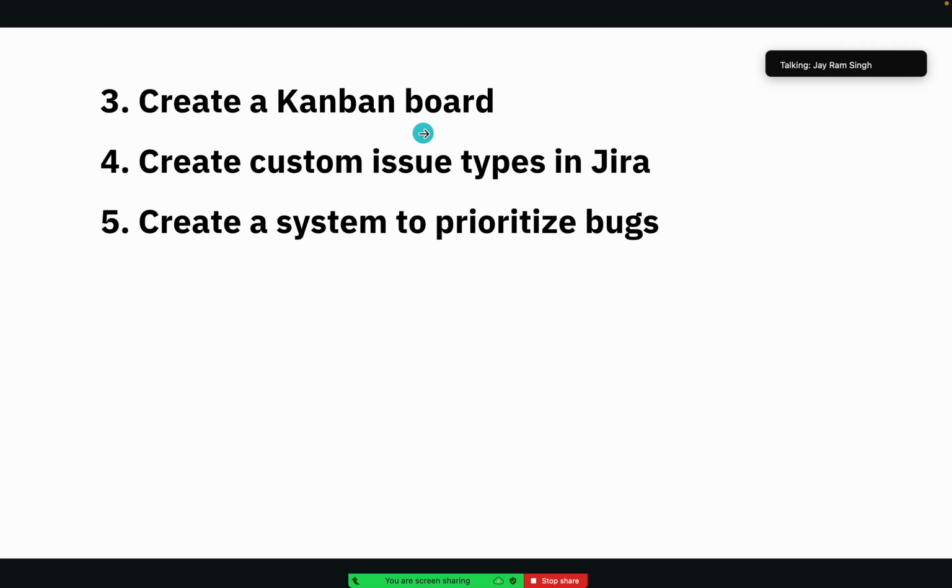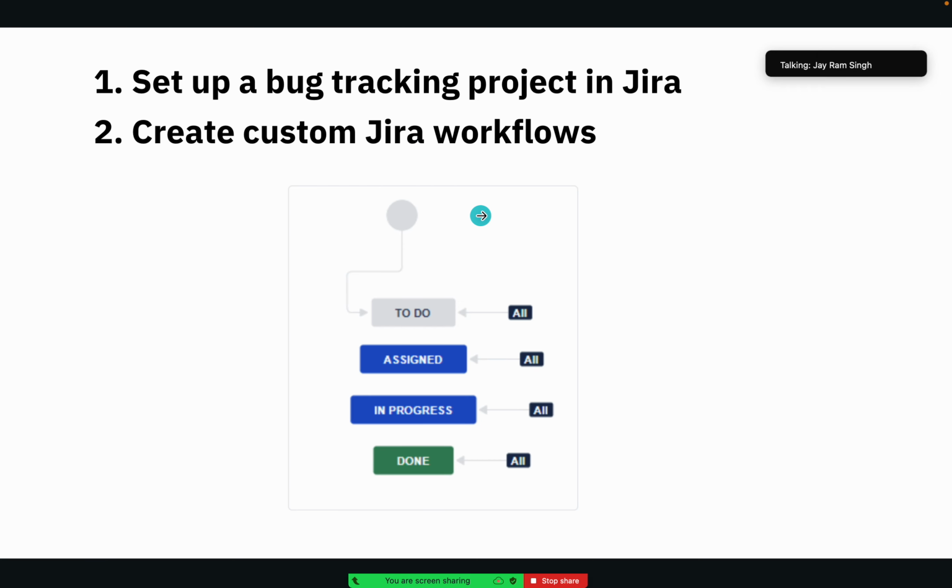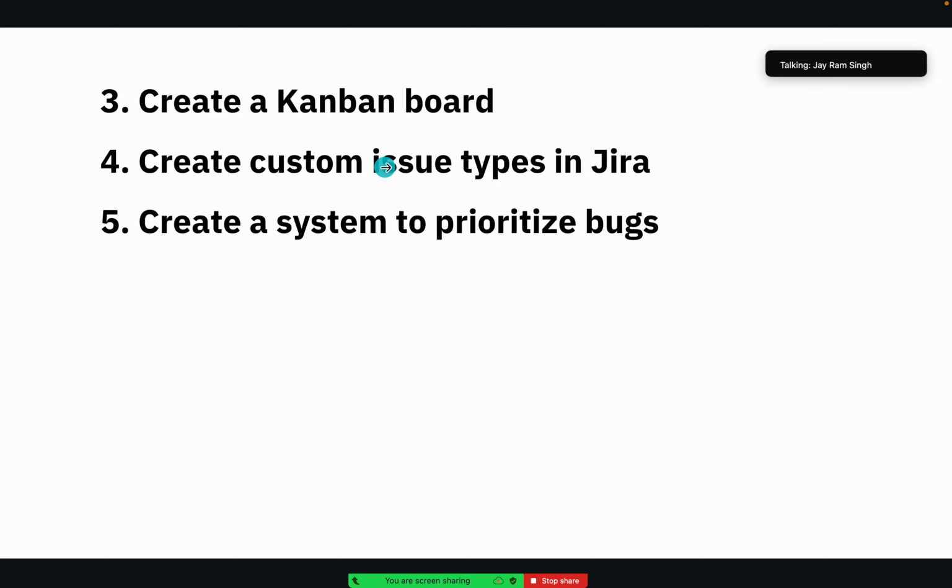Thereafter we'll create a Kanban board, because I want to see a columnar view of my issues, where they are and what the status of each one is, in a better visualization. We may need to create some custom issue types, because if you're tracking defects, it's nice to have something like a blocker.